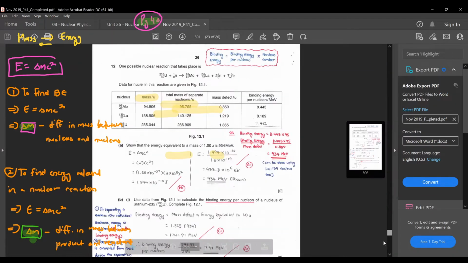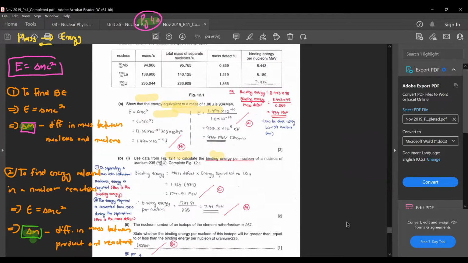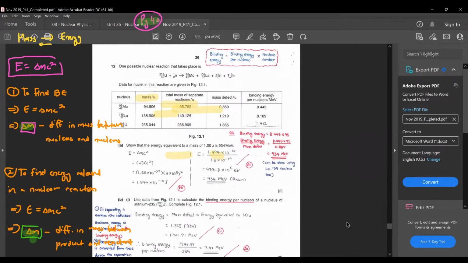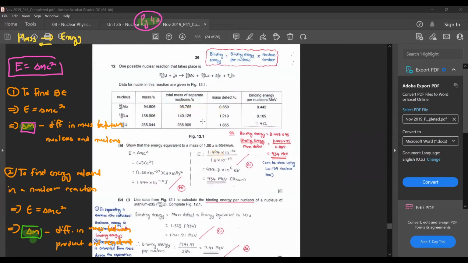Okay, where's the question? The question should be all the way at the end. Okay, right. So show that the energy equivalent to 1 u is actually 934 MeV, right? So if you have a mass difference of 1 u, how much is actually the energy associated with it? This one you can actually just use E equals delta m c squared, your mass difference being 1 u, and then your speed of light squared.